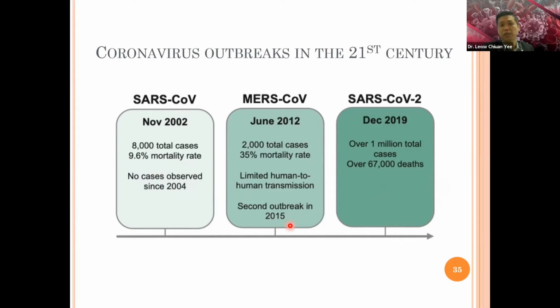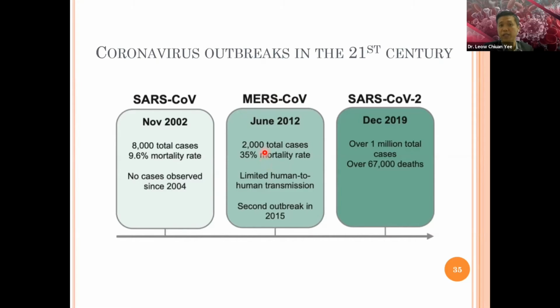However, in 2015, another coronavirus infection case happened in the Middle East, called MERS, which stands for Middle East Respiratory Syndrome. This is a respiratory syndrome coronavirus. The mortality is much higher, up to 35%.